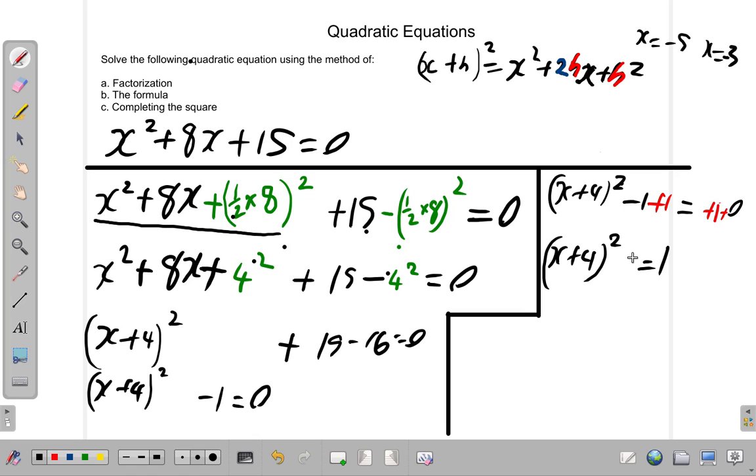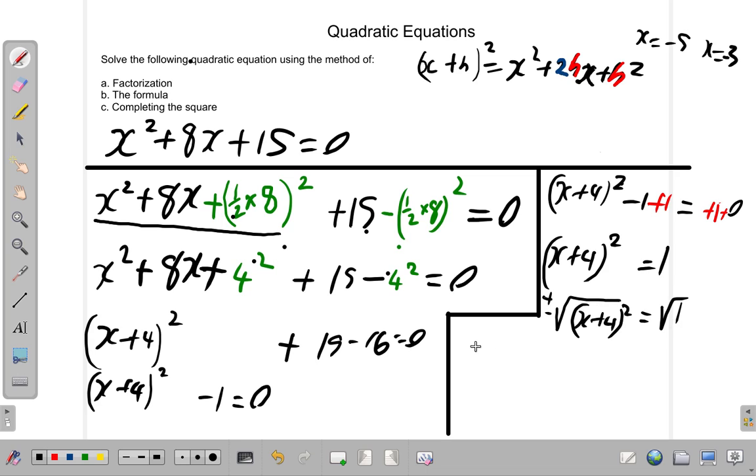Alright, the next thing to do is this. If you have x plus 4 squared and you want x plus 4 alone with the square gone, you square root it. So you find the square root of x plus 4 squared. Now remember, when you square root a number, there are 2 roots, a positive and a negative. So you say plus and minus the square root of 1.